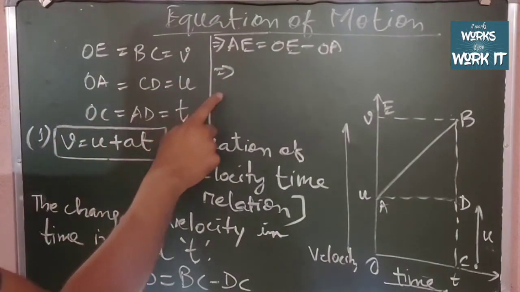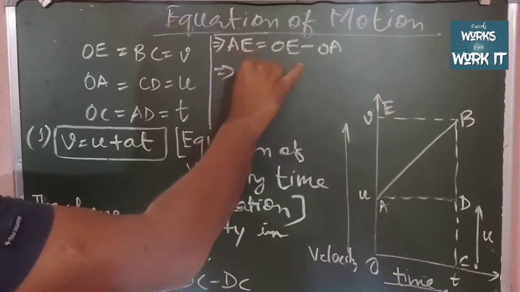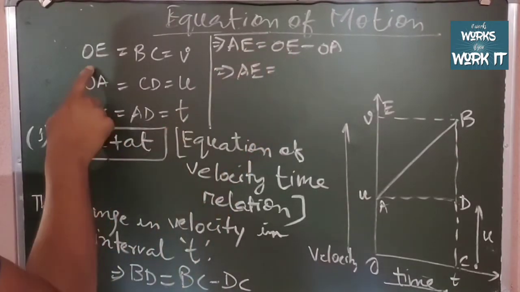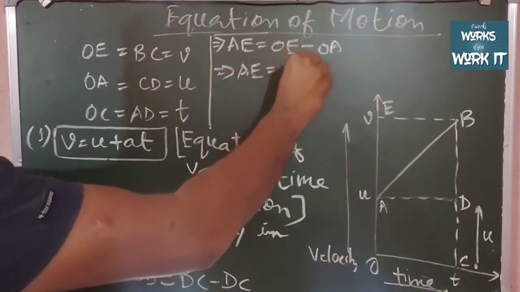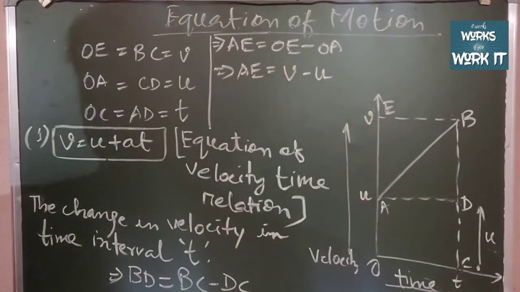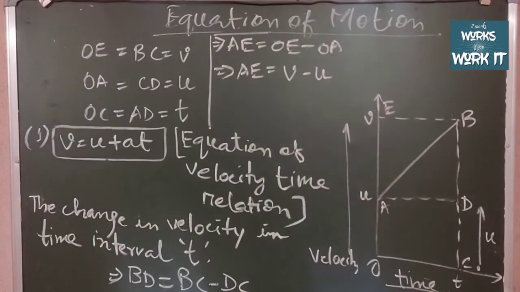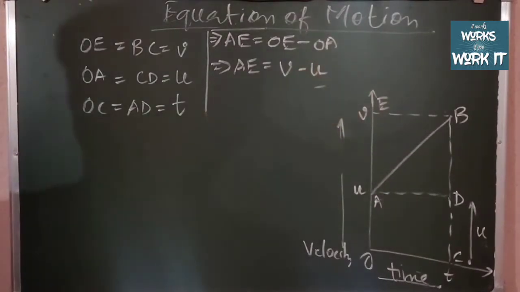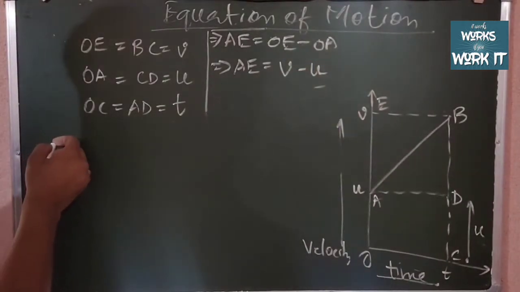So AE is equal to OE, that is small v, minus OA, that is small u. That is final velocity minus initial velocity, which gives us the change in the velocity of any object with time t. Now we have got the change in velocity, and we will use this in our main part.